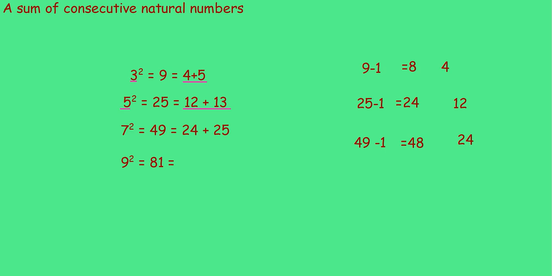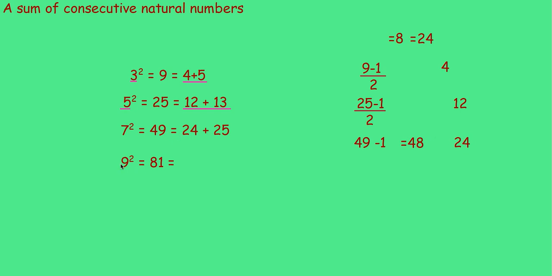Can you find the method? Yes, you have to just divide it by 2. So if it is 9, 9 minus 1 by 2 you get 4. Similarly, 25 minus 1 by 2 you get 12. And 49 minus 1 by 2 you get 24.